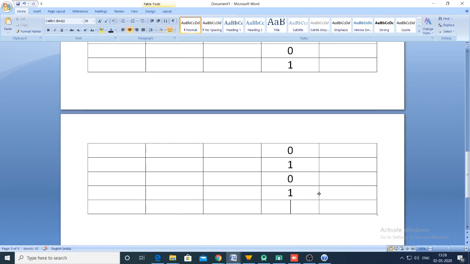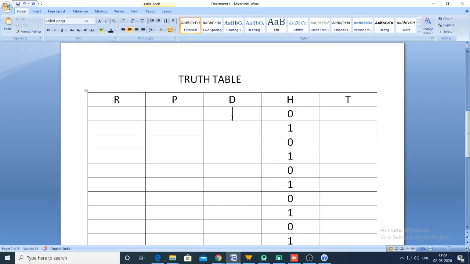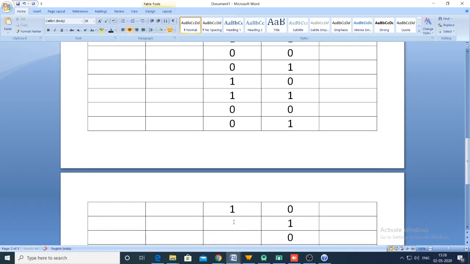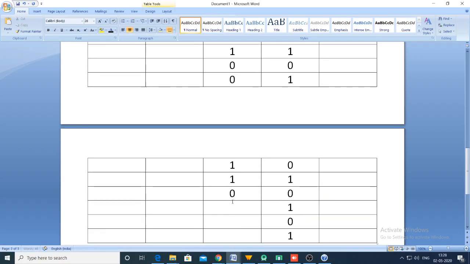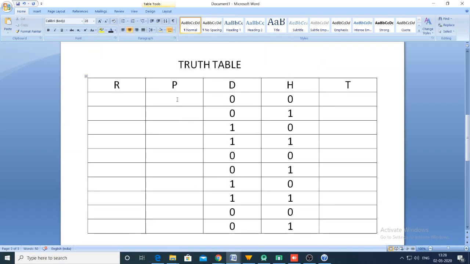Now for the second variable, the pattern is 0 0 1 1 repeated, and the second variable is finished. The filling is done from right to left.